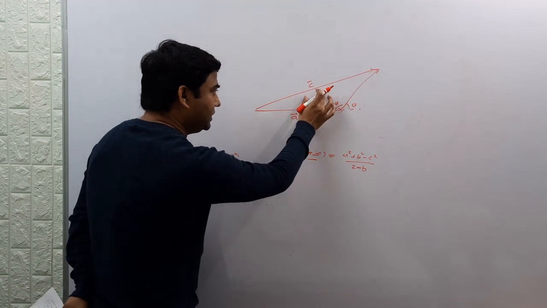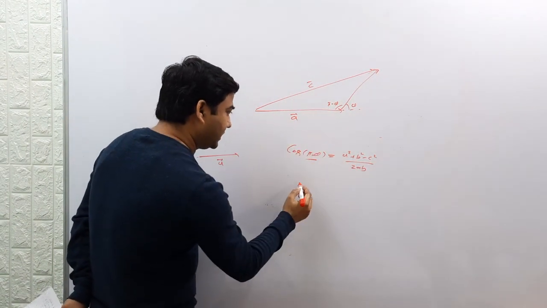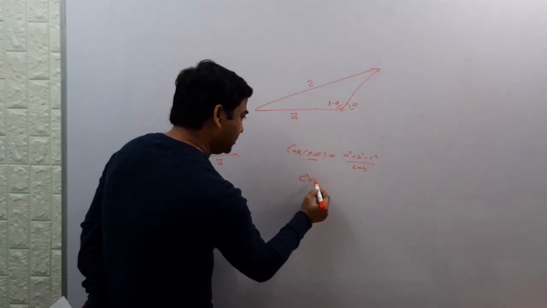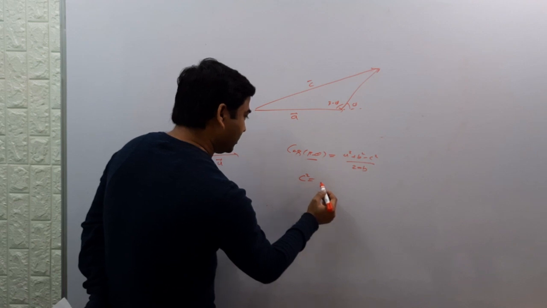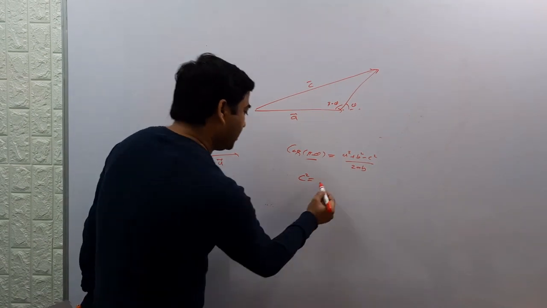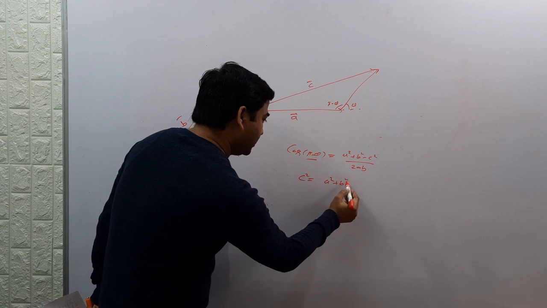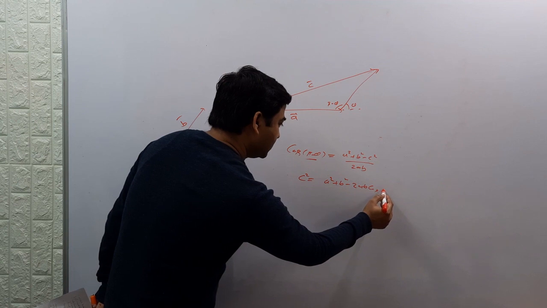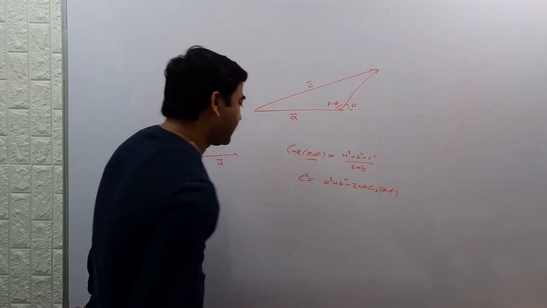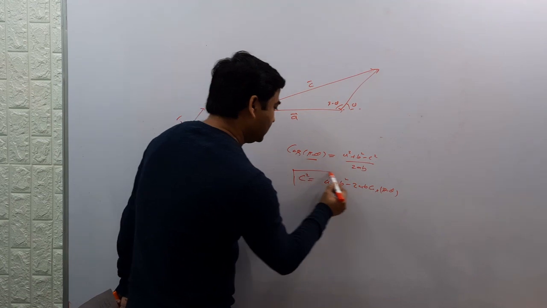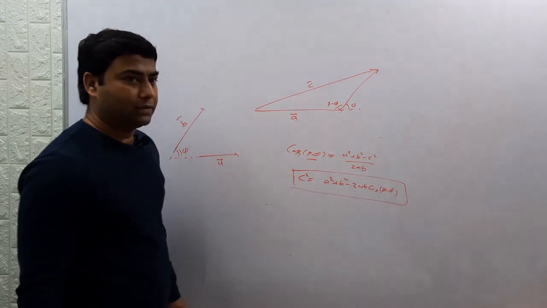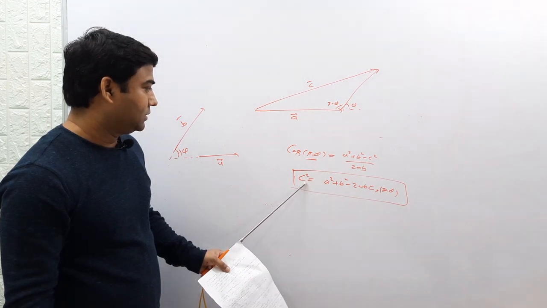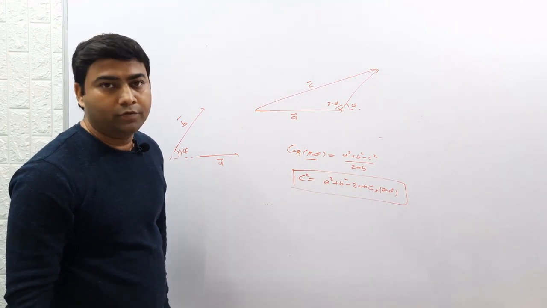So you can write C, which is the magnitude of this vector: C square is equal to a square plus b square minus 2ab cos(pi minus theta). So this way you can find the magnitude of the resultant vector C. The magnitude of the resultant vector you can find from this formula.